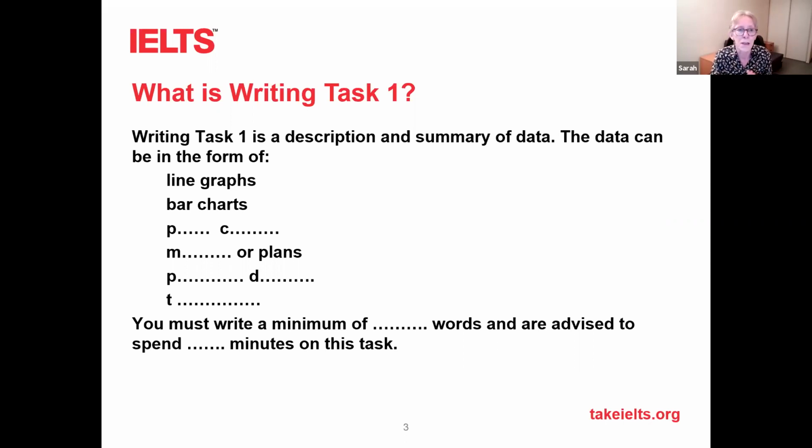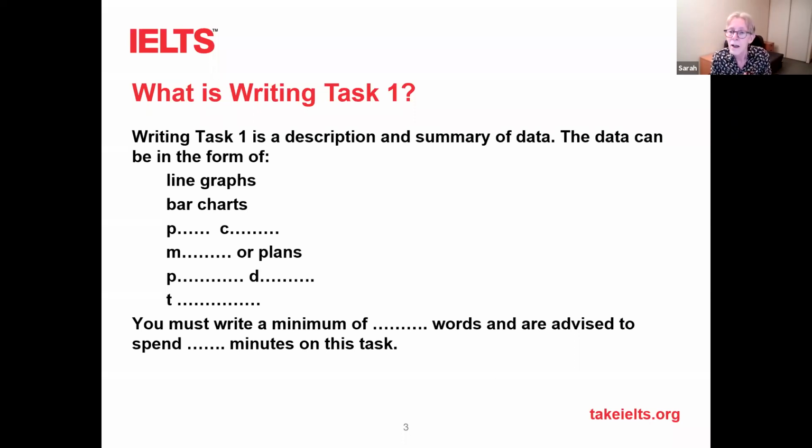Into the chat box, if you could just put your ideas in. Michaela's saying pie charts, Anna's saying maps, Sean is saying pie charts and map. Yep, what about the other ones? Table, yes, absolutely, Raymond. Process, Michaela and Sean again, excellent.